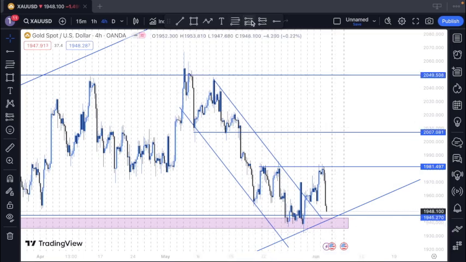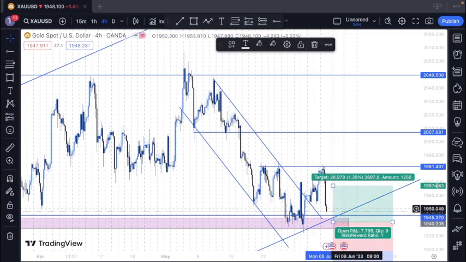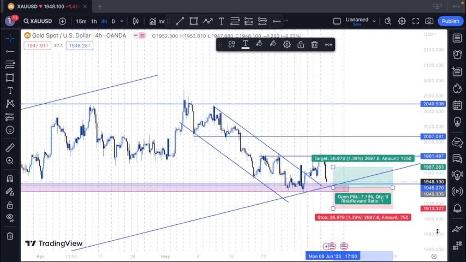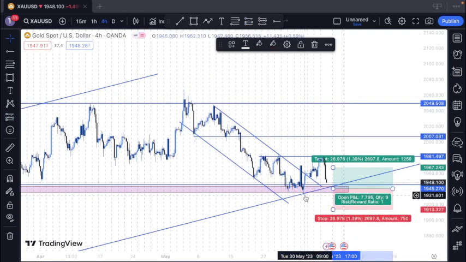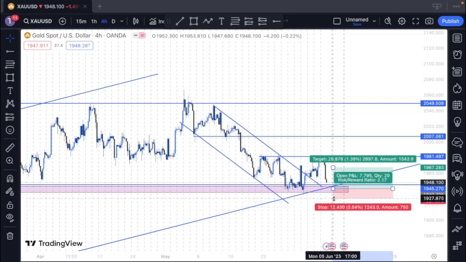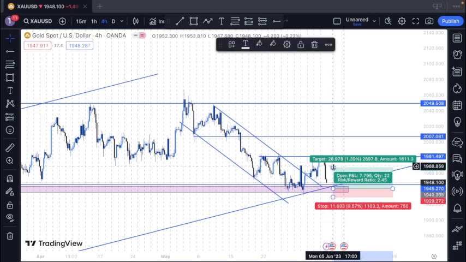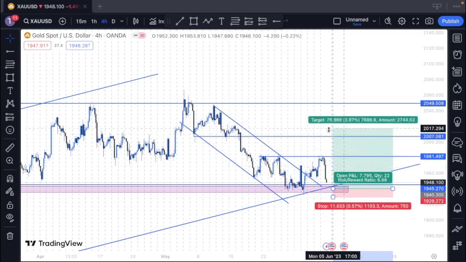But with me on gold, I'd say I'm looking forward to going long. My stop loss will be a little bit below this level, a little bit below this week, in order to make sure that I don't get stopped out. Yes, a little bit below, and then my take profit will be around here.